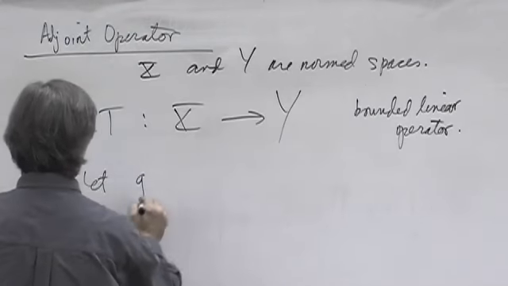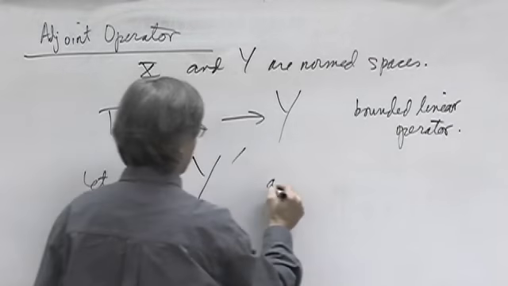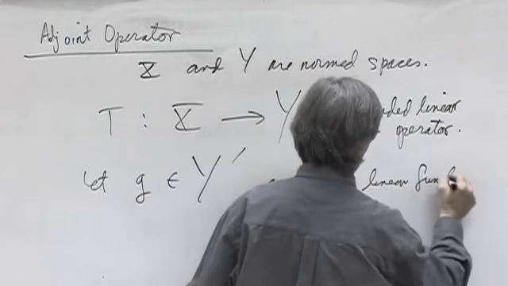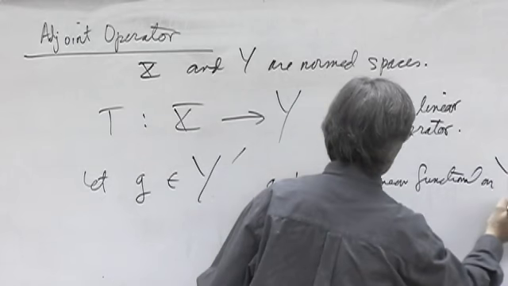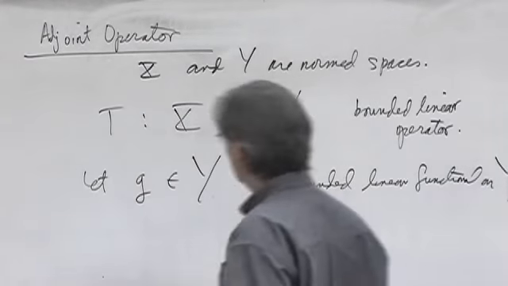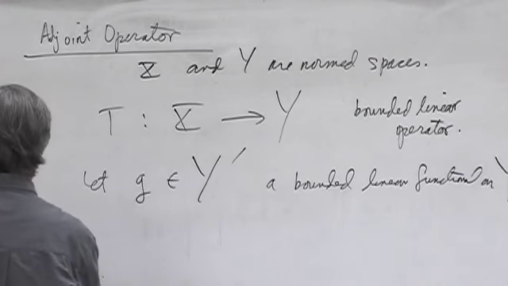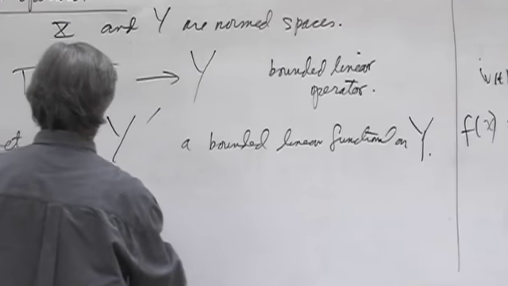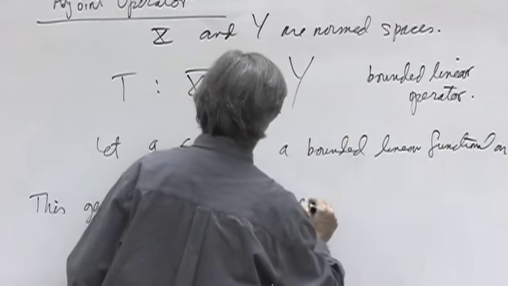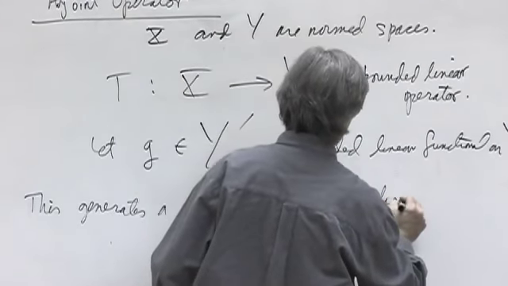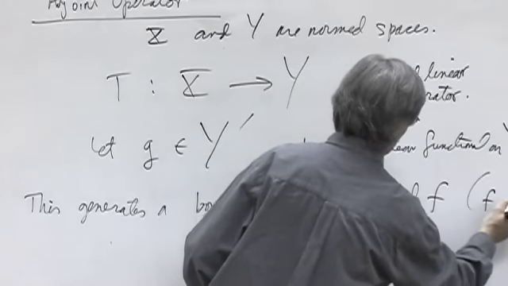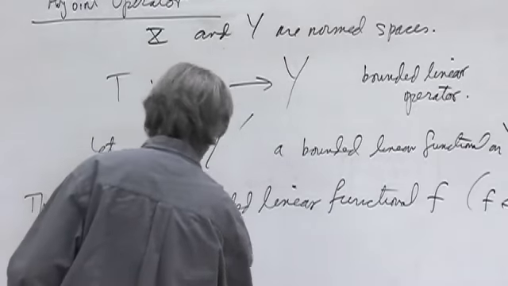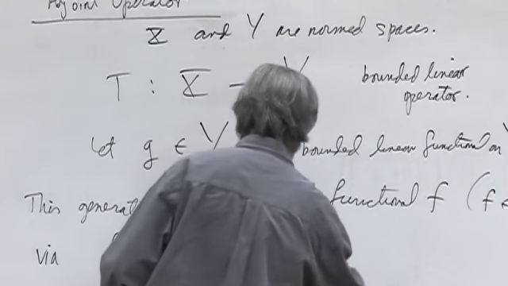Let G be in Y prime, the bounded linear functional on Y. Then by applying G to Tx, this generates a bounded linear functional F belonging to X prime via the formula F of x is equal to G of Tx.